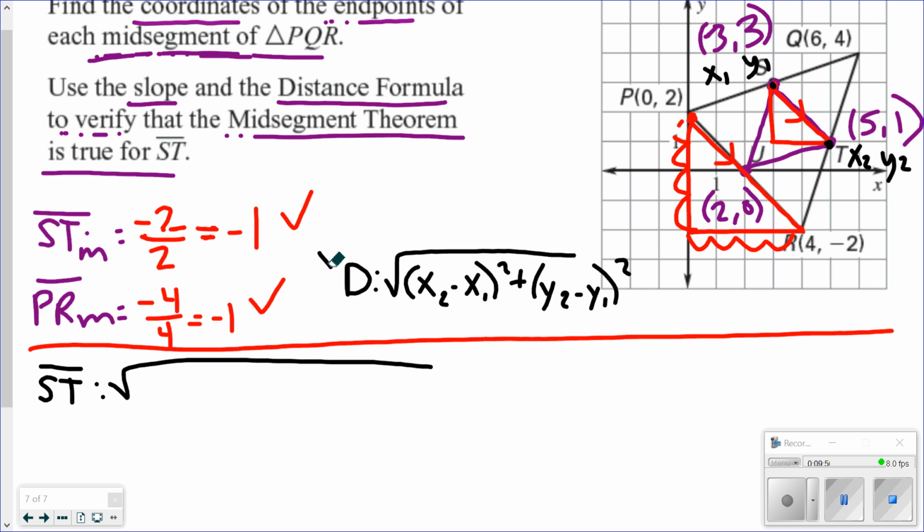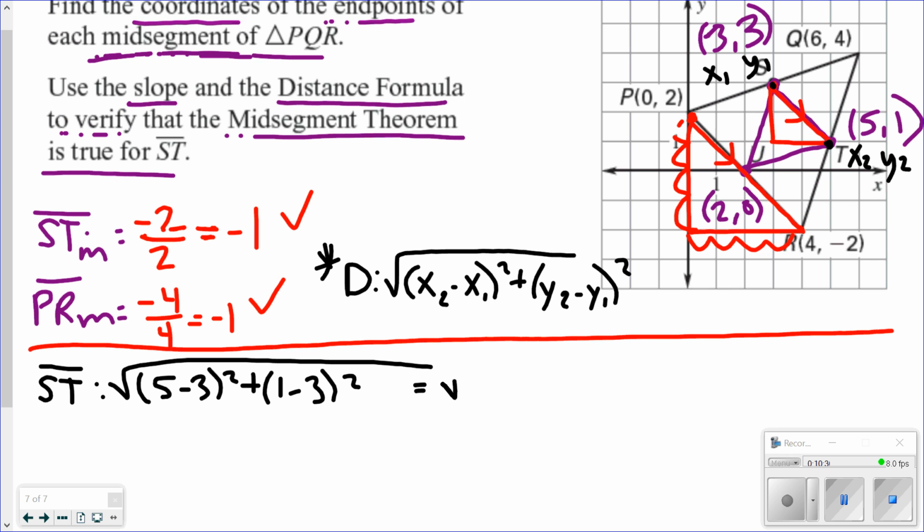So let's plug this right into our distance formula. And you should see here I wrote the distance formula up here for us. So I want to start with x2, sorry about that. So x2 is 5 minus x1, which is 3, and I'm going to square that, plus y2, which is 1, minus my y1, which is 3, and I'm going to square that.